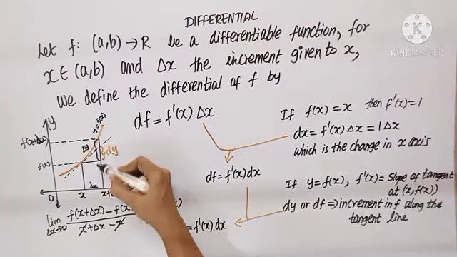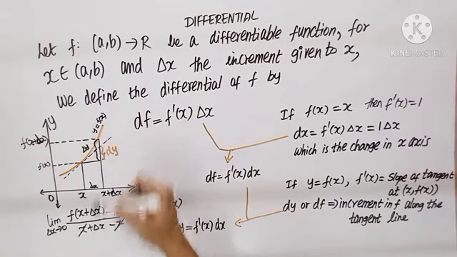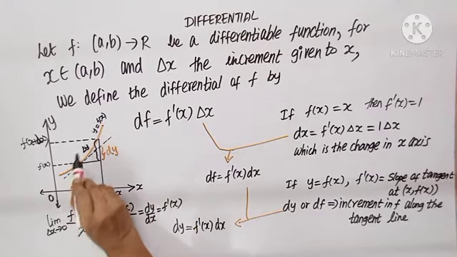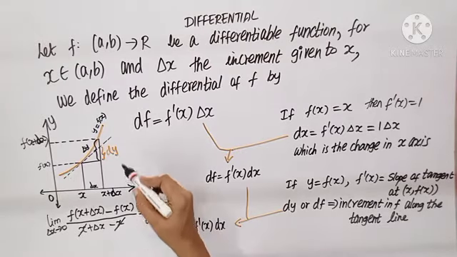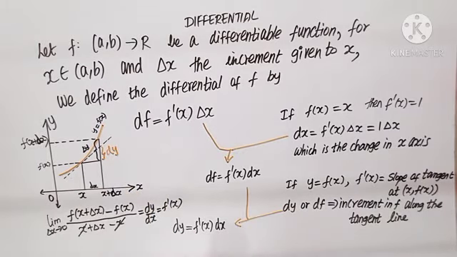Remember, the height changes, that is f of x, y value changes. With the curve I find the change, it is del y. But if I find out the increment in f along the tangent line, I call it as dy. If the point is closer and closer, they are also equal. Only when the point is almost closer, del y and dy are also equal.